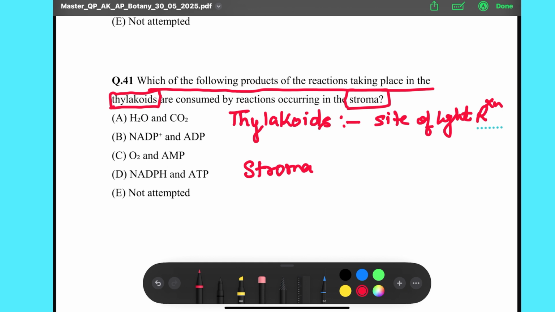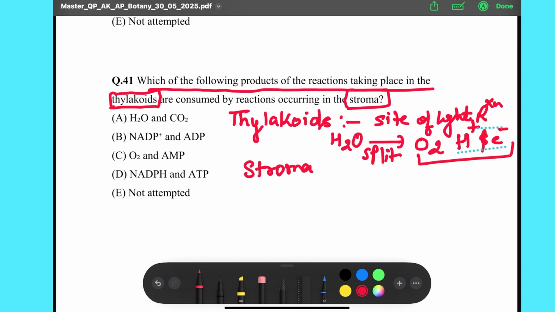What happens in there? The key reaction that happens is photolysis of water that produces oxygen, protons, and electrons. Okay, water gets split. Okay, light energy, कल बताया था that how the energy gets excited.